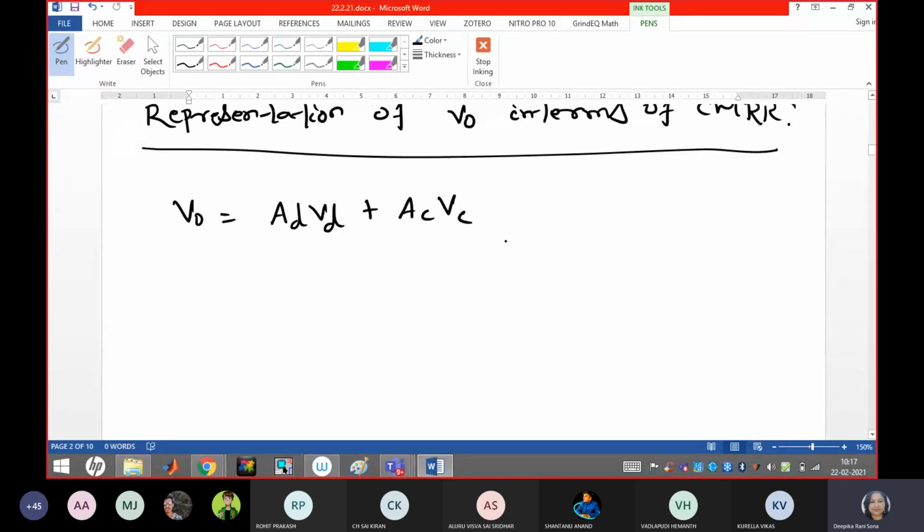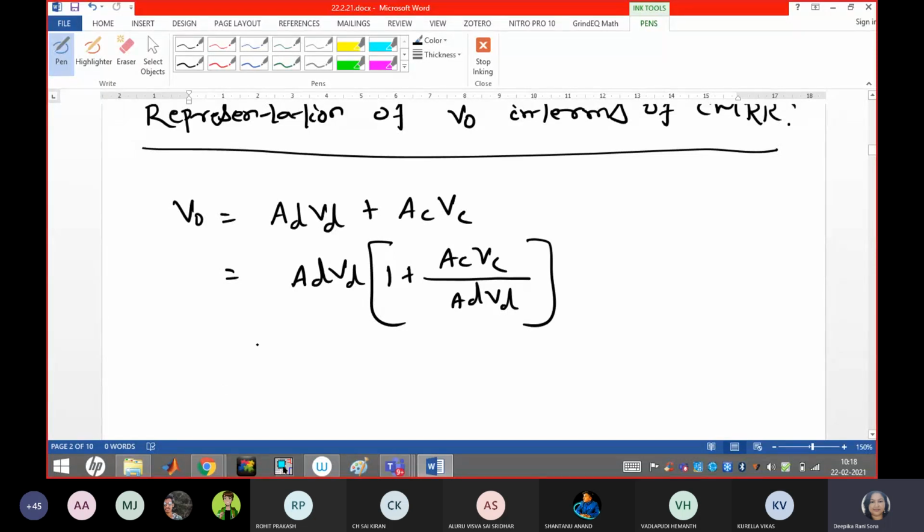How do we represent the total voltage in terms of the differential voltage and the common mode voltage with their differential gain and common mode gain? So the same equation I can represent in terms of ADVD if I take common the 1 plus RF by R1, the same thing. Whole ADVD taken common, 1 plus ACVC whole divided by ADVD.